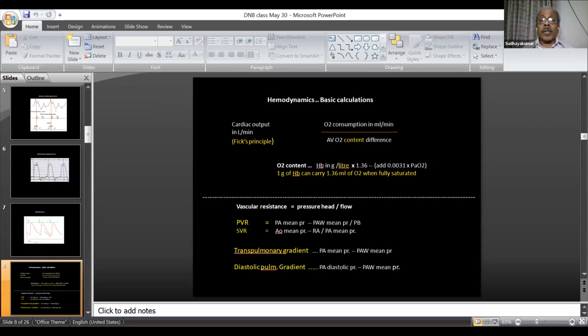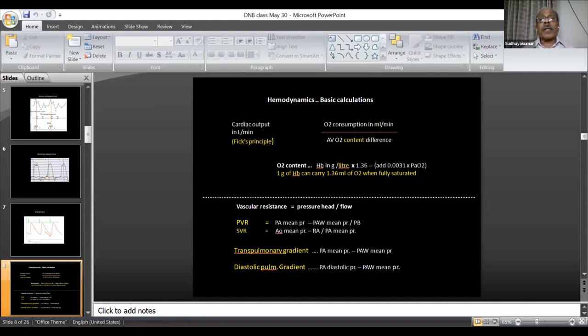You should also know the diastolic pulmonary gradient. The pulmonary artery diastolic pressure minus the pulmonary arterial wedge mean pressure. I'll come to that again because this needs repetition. Here again, I have told you that the PVR is pulmonary artery mean pressure minus the pulmonary artery wedge mean pressure divided by the QP, and SVR is aortic mean pressure minus the RA divided by the QS.